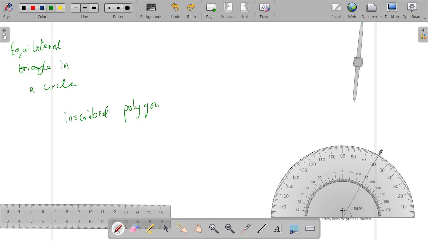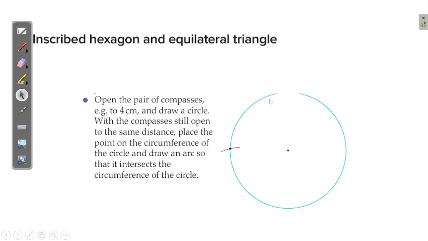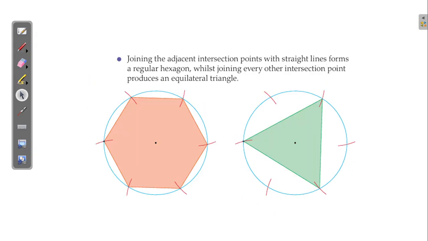Which means when I say a polygon is inscribed, the vertices of that polygon must touch the circle. Now look at this. You can see that these vertices are touching the circle. So you can say this is point A, this is point B, and this is point C. These points are touching the circle. You see, they are touching.